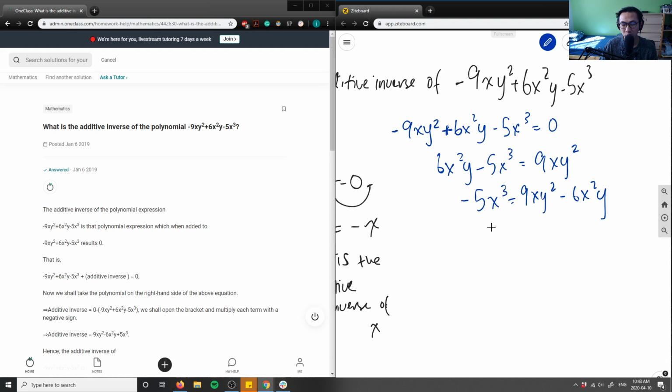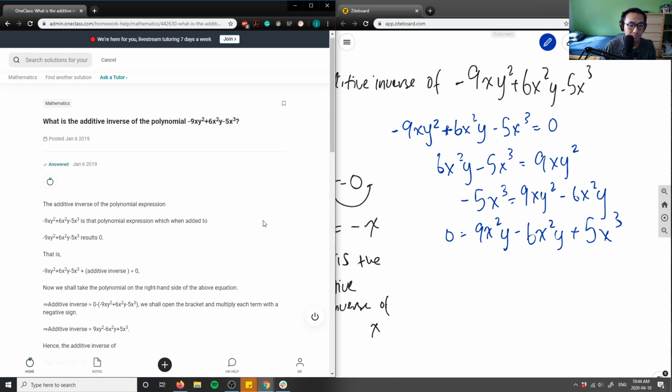I'm going to have to do the opposite operation, which is plus, right? So I'm adding 5x cubed to both sides. In this case, I'm left here with 0, which is negative, this is positive, sorry. This is 9xy squared minus 6x squared y plus, because I'm adding 5x cubed to both sides, plus 5x cubed. And that's going to be our additive inverse of this polynomial.